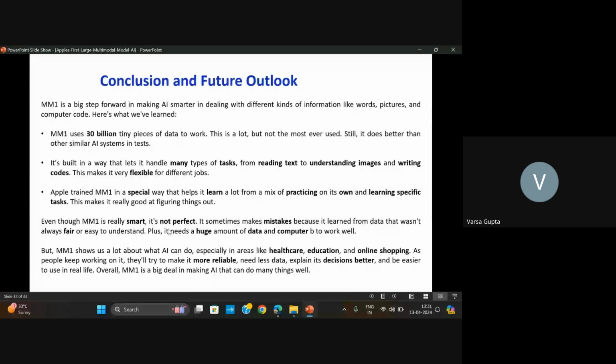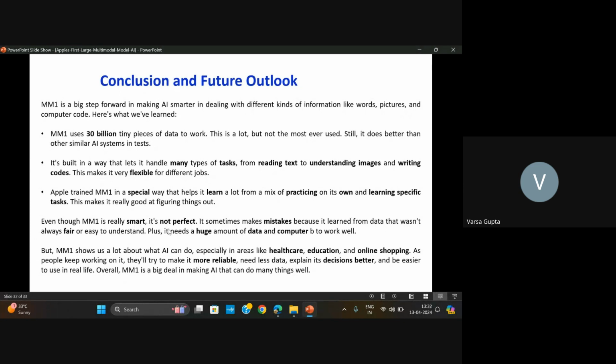Also, Apple trained MM1 in a very special way, with a mixture of practicing on its own and learning specific tasks, like chain of thought prompting and in-context learning. So it's really smart, but yet it's not perfect. It can sometimes make mistakes and show unfair biases.